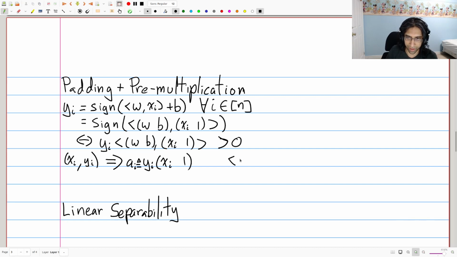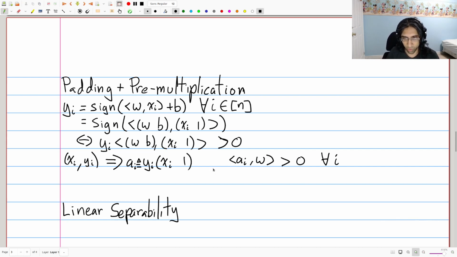We can just write that a_i inner product with w is greater than 0 for all i. This time w is augmented, in the sense that it also contains b, so it includes the bias.